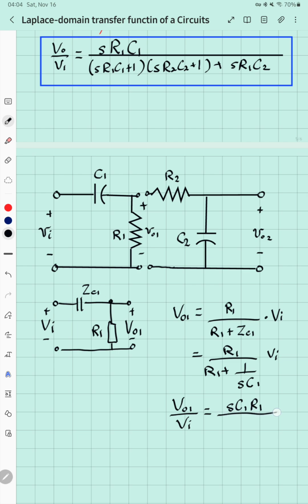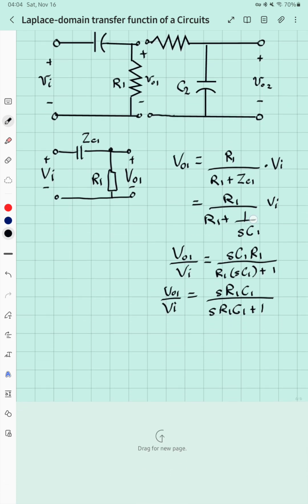So in here you have R1, you multiply it by SC1, and then 1 over SC1 times 1 over SC1 is 1. If you rewrite it more neatly, V out 1 over V in would be S R1 C1 over S R1 C1 plus 1. Nice.